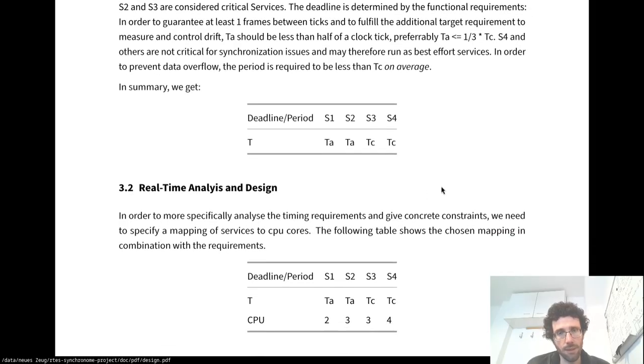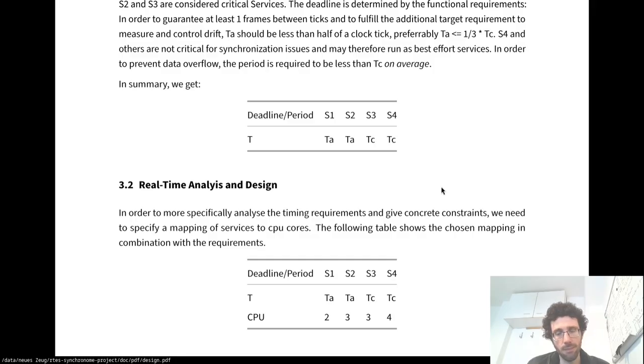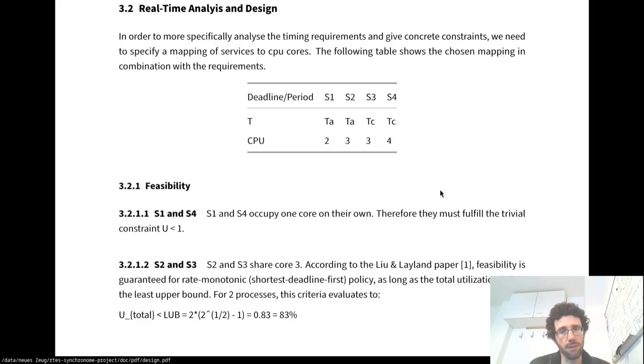Each service during runtime monitors its own execution time for each iteration and writes them into the system log files.